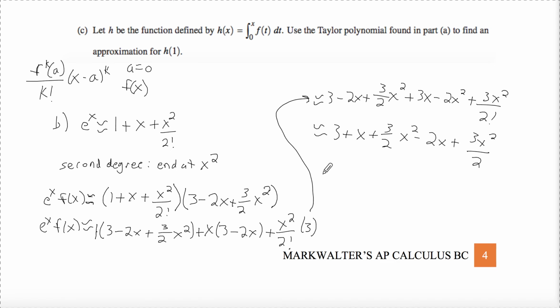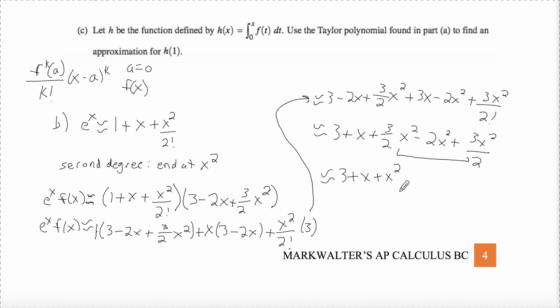All right, so my last step here, what does this all combine to? 3 plus x. 3 halves x squared plus 3 halves x squared, combining these two, gives me 6x squared over 2. So that's 3x squared minus 2x squared, oh, I lost my squared on there. That gives me just an x squared left over when I combine these terms.